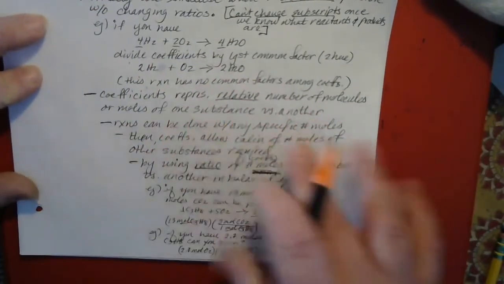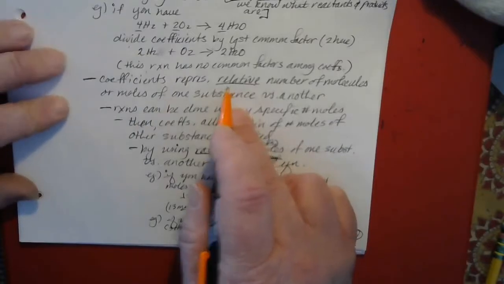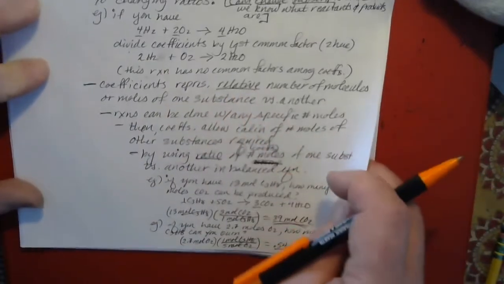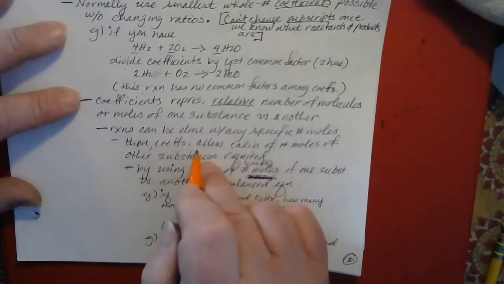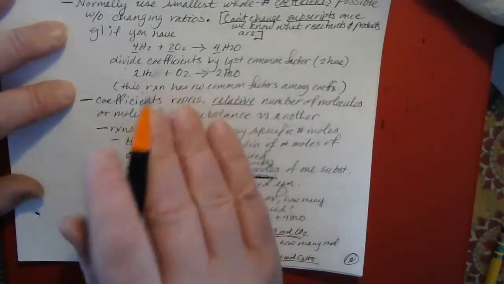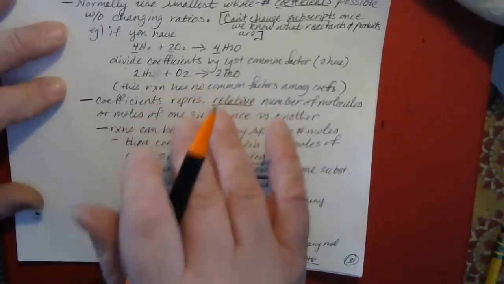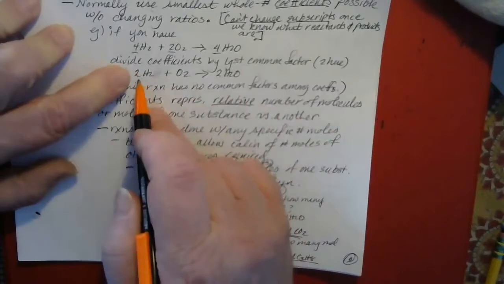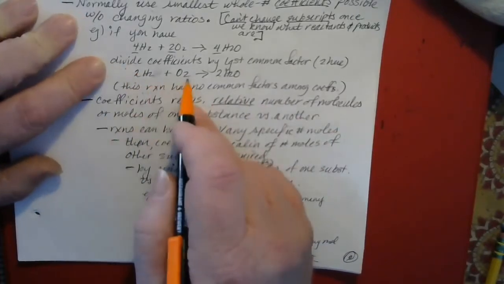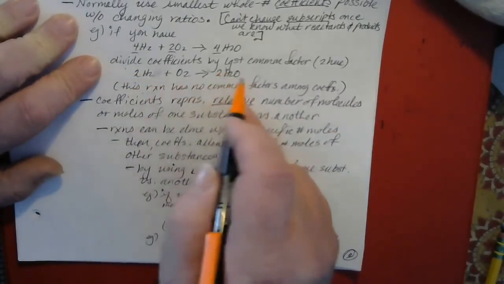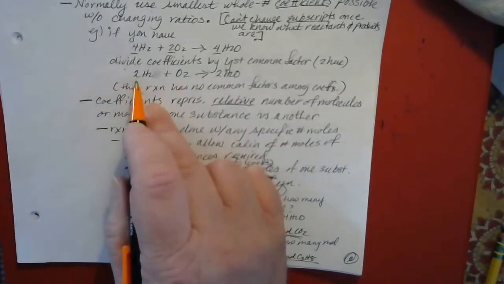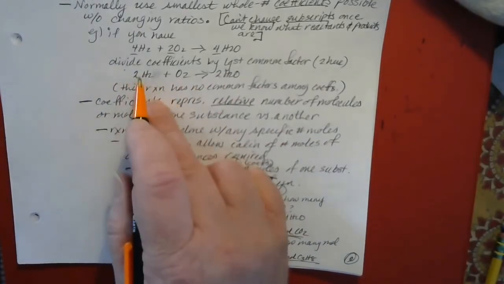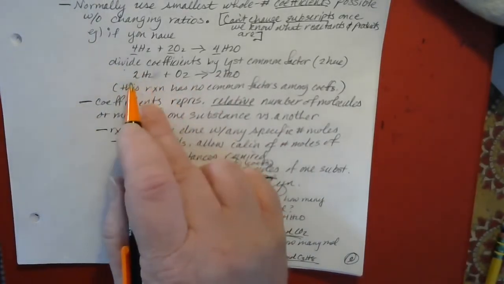Okay. The coefficients represent the relative number of molecules or moles of one substance versus another in a reaction. Reactions can be done with any number of moles or molecules you want, though. So when we say 2 hydrogens and 1 oxygen will yield 2 water molecules, you don't necessarily have to do this reaction with 2 molecules or 2 moles of hydrogen.